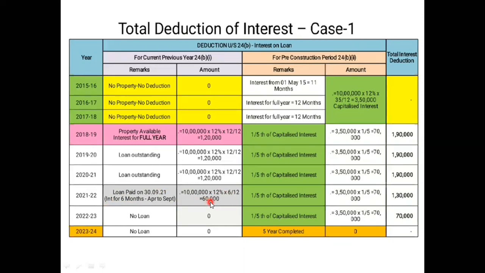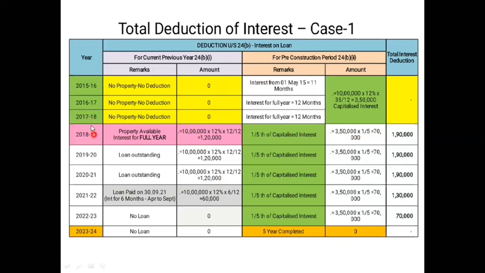Now, how do we claim this interest on loan, both pre-construction period and the current previous year interest, in our income from house property? So when you are filing the returns for the income from house property to show the interest on loan, since we are dealing with assessment year 2019-20, we will look at only the data related to the year 2018-19, which is our previous year.